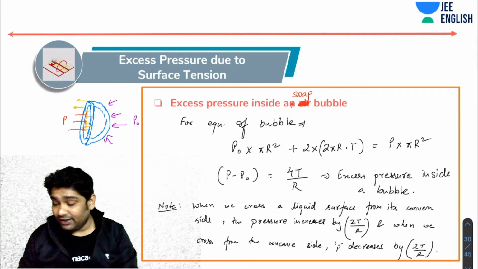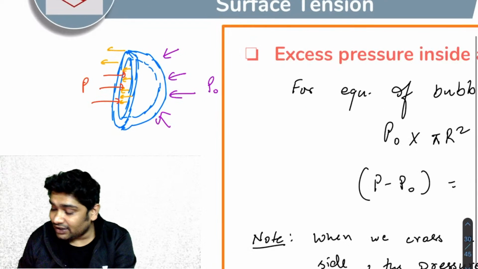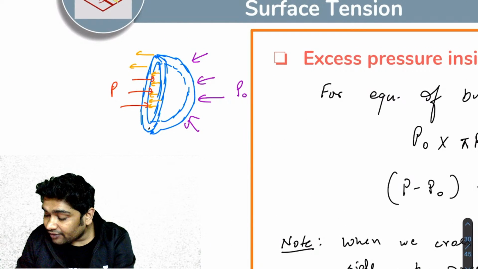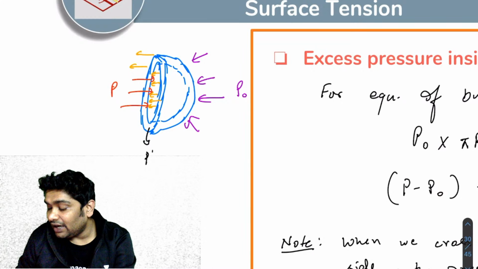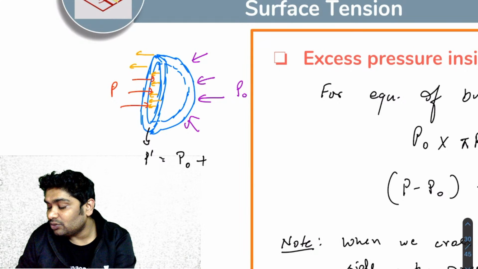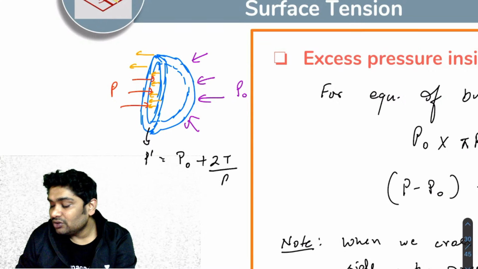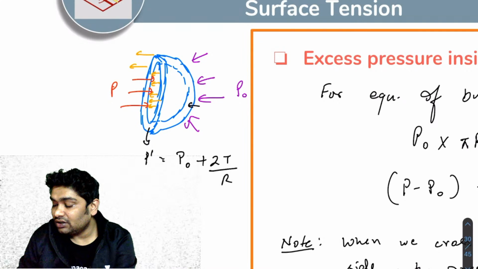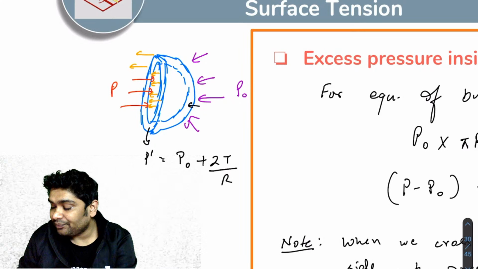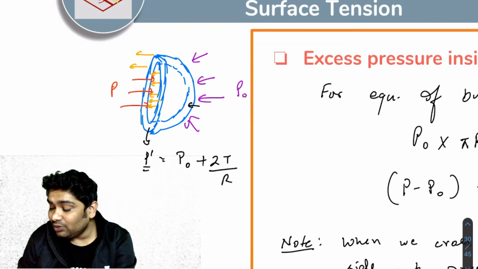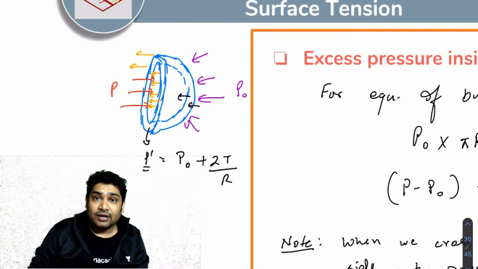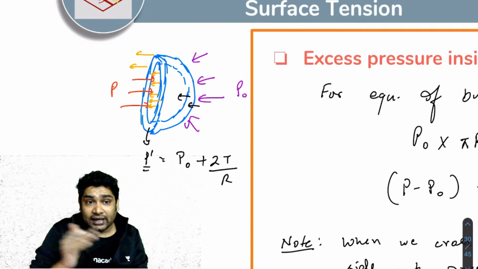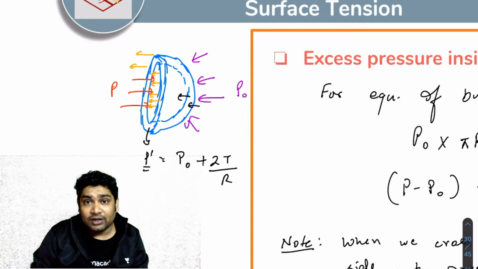If the pressure outside is P naught, then P dash would have been P naught plus 2T over R the moment you cross one surface. Then you cross another surface, both times from the convex side.